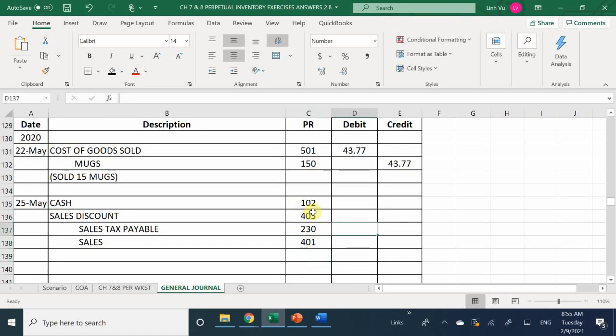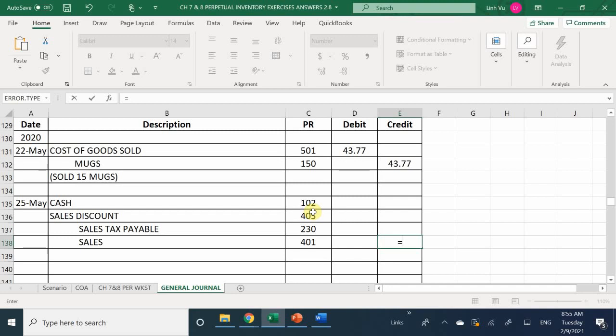Okay. So let's go ahead and first determine how much total sales am I actually going to encounter. So remember, we need to calculate it based on the original selling price. So how much did I originally sell each one for? $10. Correct. And I sold 175, correct?